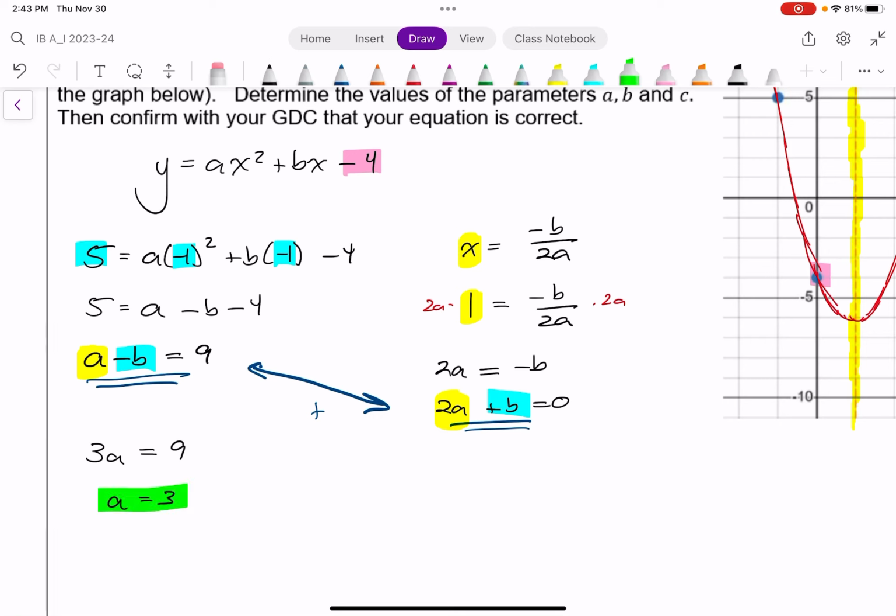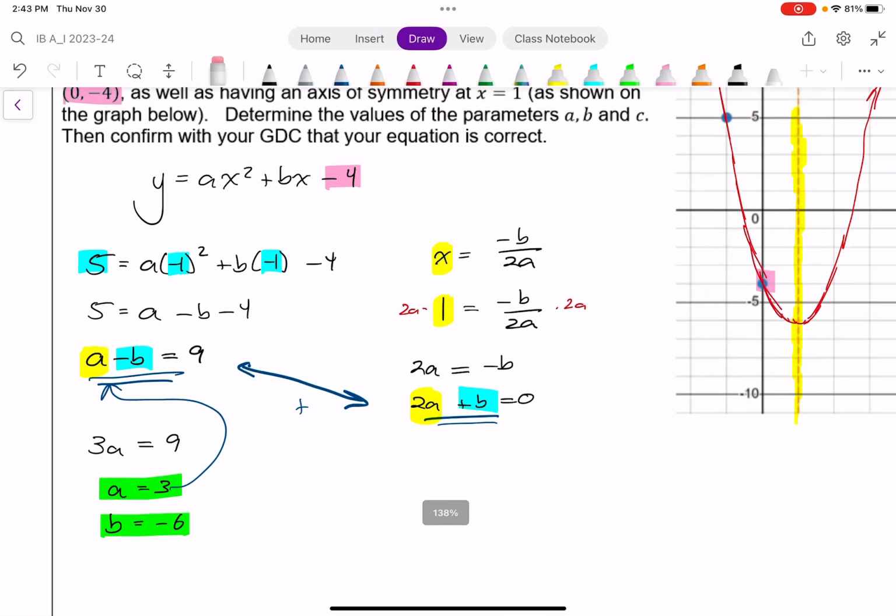So now to figure out b, I can just substitute 3 into any equation that has a and b. I'll substitute it back into this one here. So if I imagine this equation, instead of a minus b equals 9, being 3 minus b equals 9, pretty quickly I get to b equals negative 6. And now I have all the pieces I need.